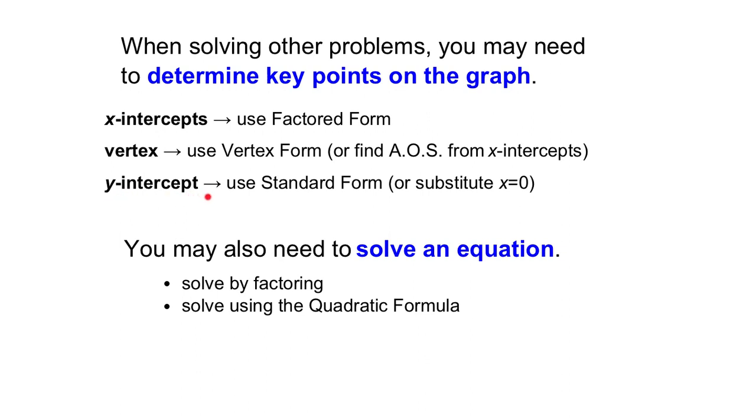If you need the y-intercept, you can use standard form or just substitute x equals 0 into the equation. You may also need to solve an equation, and in the previous lesson we talked about solving by factoring or solving using the quadratic formula. So all of these ideas come into play when we're dealing with different applications of quadratic functions.